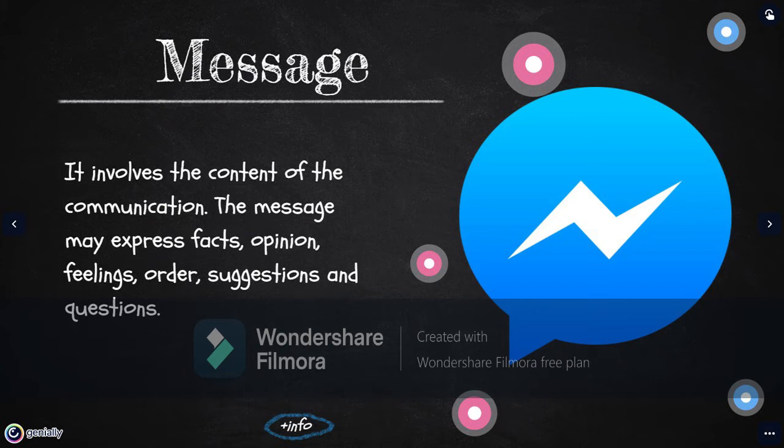For example, if it is an opinion, we may use words that reflect the statement of an opinion, such as I think, in my opinion, I believe, and others. On the other hand, if it is a fact, we delete words or phrases that may make it sound that it is not a fact, like those phrases that we use in stating opinions.